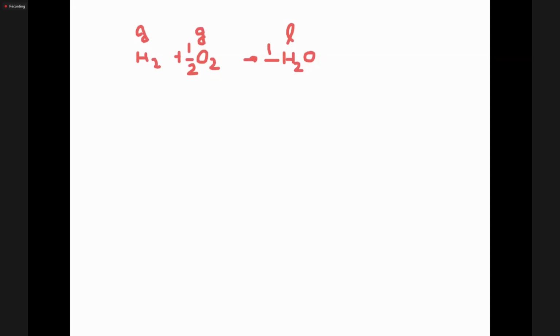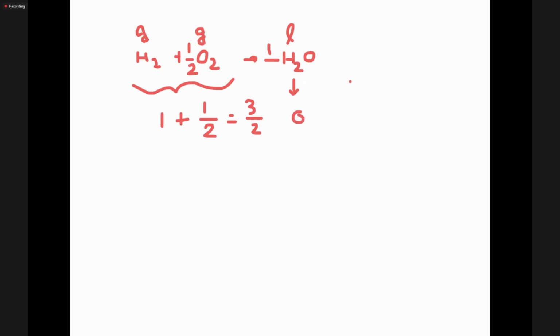H2 is a gas and oxygen is also a gas. The total volume of the system is decreasing, from 3 by 2 moles of gaseous reactants. Here, the number of gaseous reactant moles will be 1 plus half, which is 3 by 2. And in the case of products, the number of gaseous moles is 0.